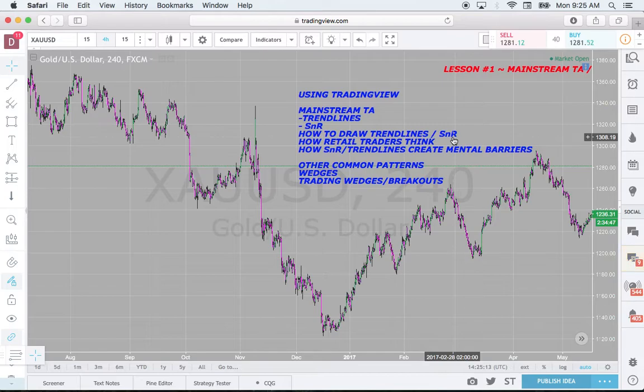We're going over how retail traders think and act, and how support and resistance and trend lines create mental barriers. We're also going to go over common patterns such as wedges, how wedges should be traded, and how retail traders normally trade wedges and breakouts.